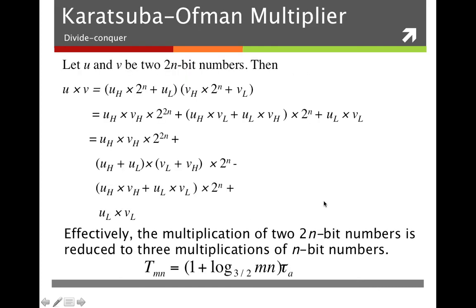So the only other thing that remains to discuss, I think, in this portion is the Karatsuba-Ofman multiplier. And so the trick that these 2 Russian researchers actually discovered was that you can, and this is sort of a little bit of a backing up from what we already accomplished.